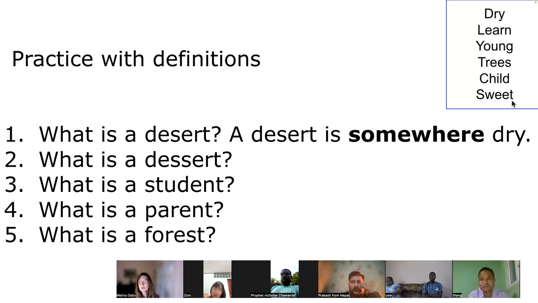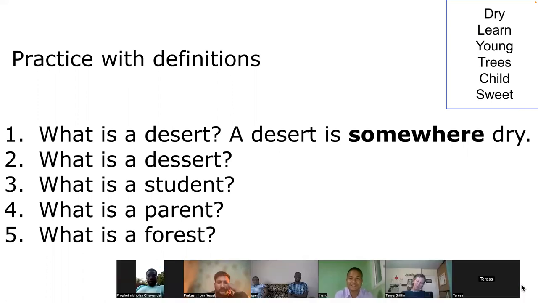number 3? What is a student? Go ahead. A student is someone who is learning. Okay, good. A student is someone who is learning. Yes, very good. How about number 4?